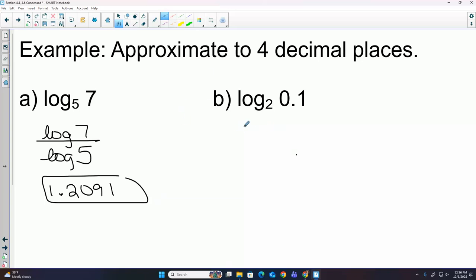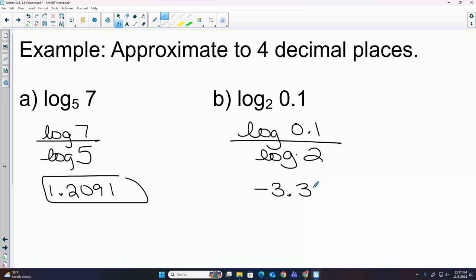So how would I set up B? So divided by log 2, and we get negative 3.321.